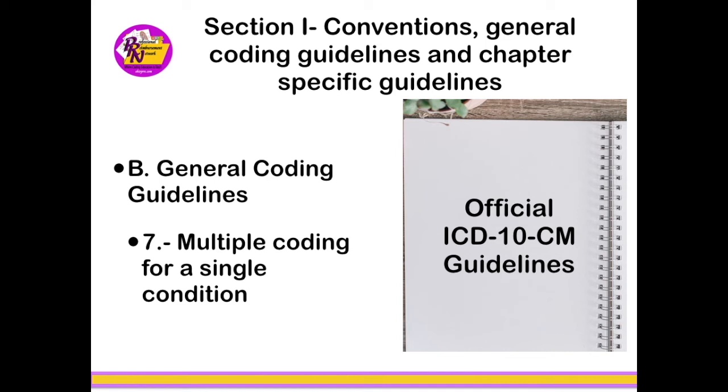And then they go on and give an example, and then the next piece with the new language. Code first notes are also under certain codes that are not specifically manifestation codes, but may be due to an underlying cause. When there is a code first note and an underlying condition is present, the underlying condition should be sequenced first, if known.